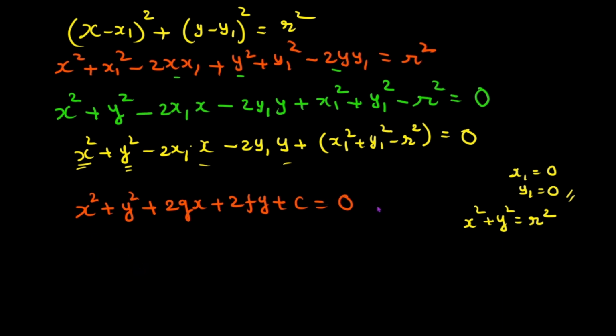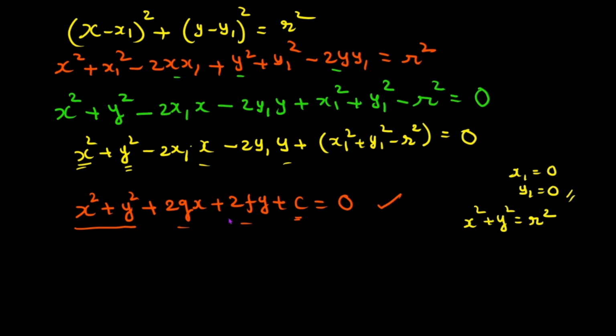If any equation is in this format, then it is a circle equation. The x squared plus y squared terms must be there for a circle. The constant will also be there, so that the radius exists. If the constant is not there, then there is no radius. Sometimes one of these terms will be 0, or both will be 0, depending on the case.